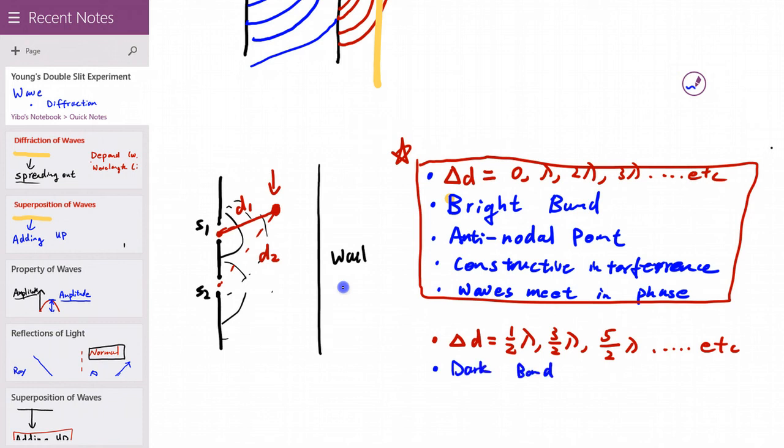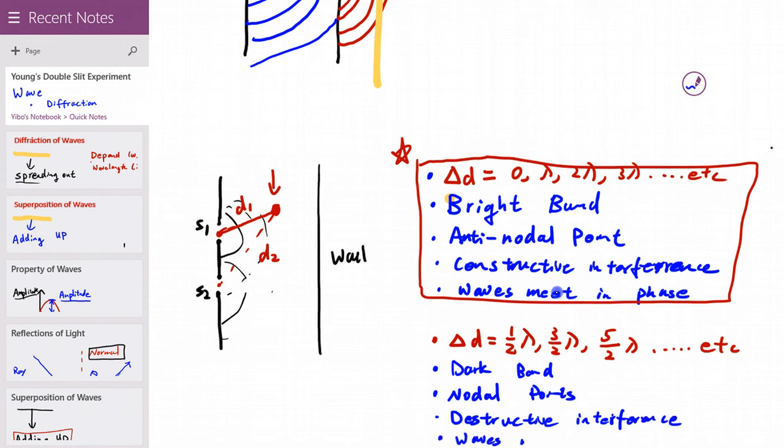And also in the exam, you need to be able to use all those fancy scientific words. So we have nodal points, we have destructive interference, and the reason we have destructive interference is that the waves meet out of phase.